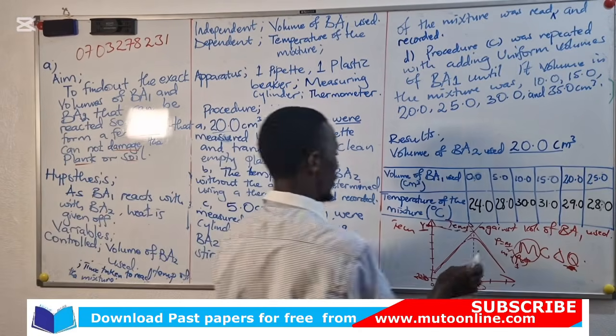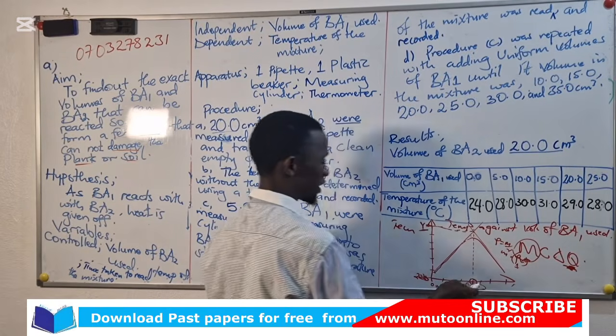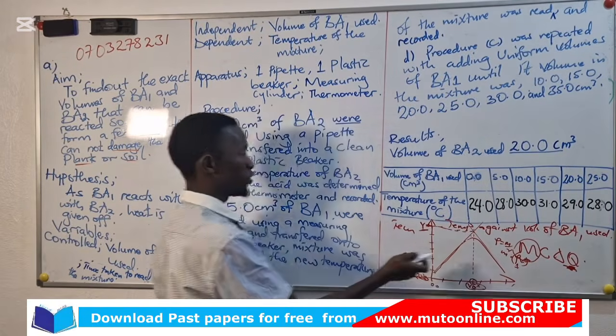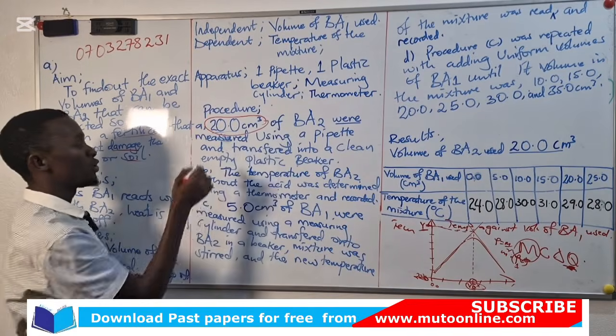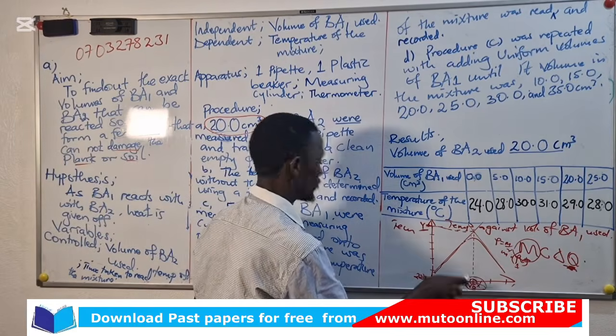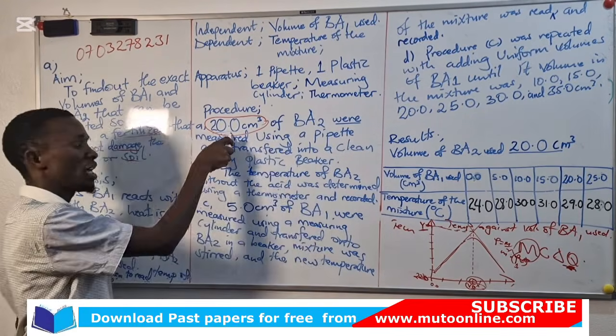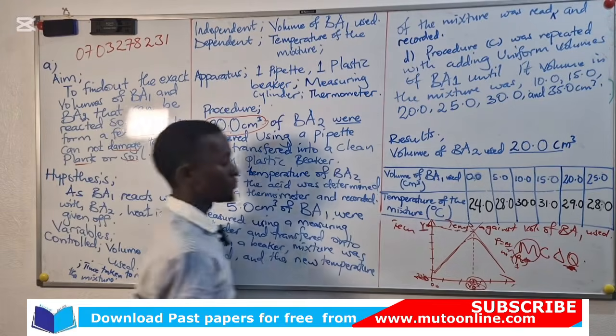So in this practical, our major aim was to determine the maximum volume of each solution. So we have the maximum volume; the volume of BA2 we used was 20, and the volume of BA1 that must react with 20 cubic centimeters of BA2 is this volume you determined here.